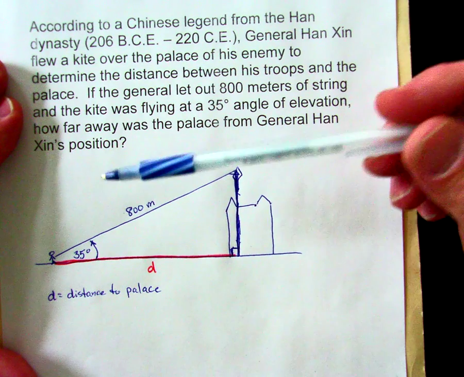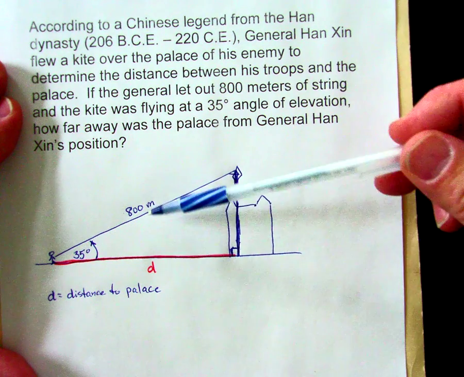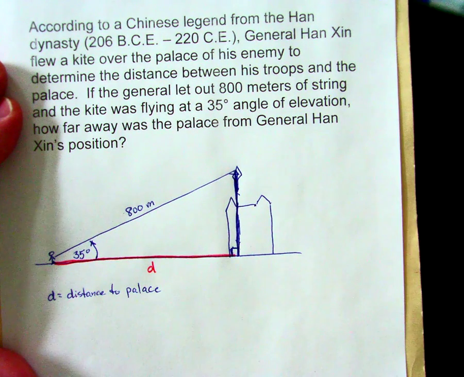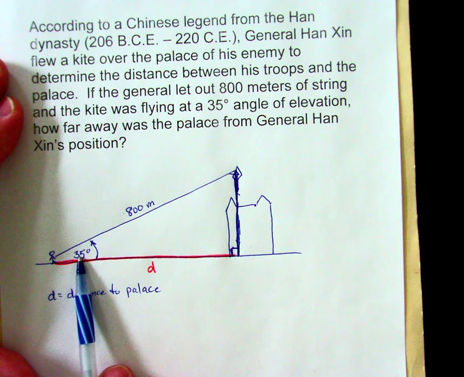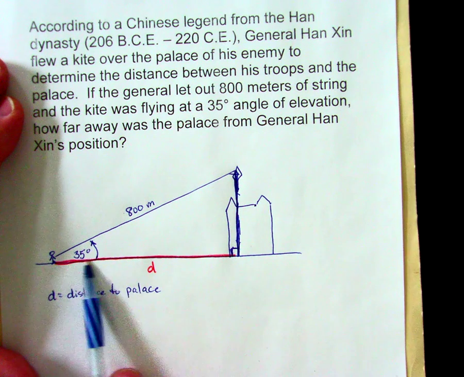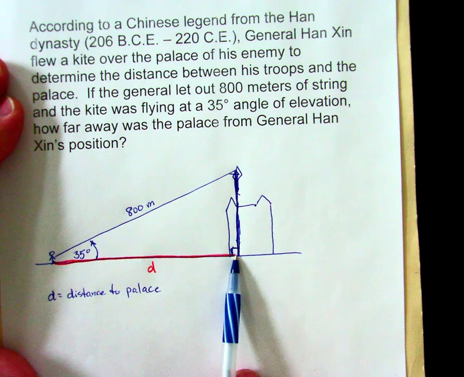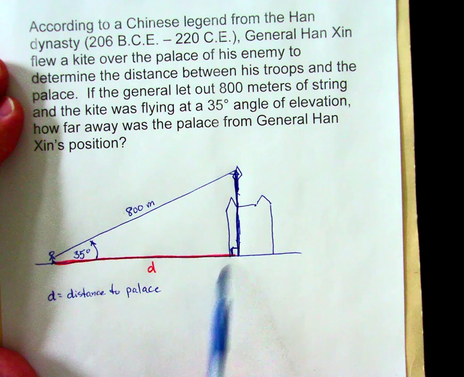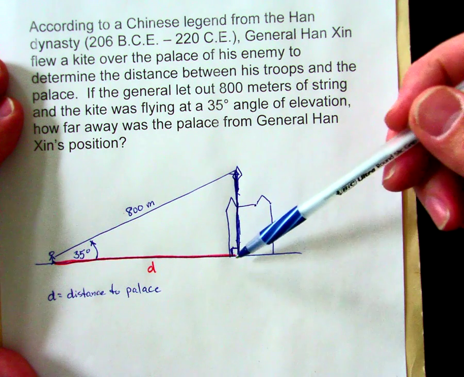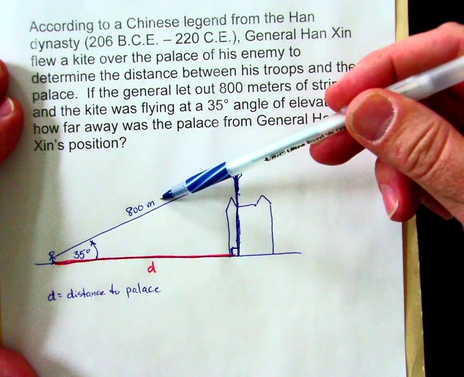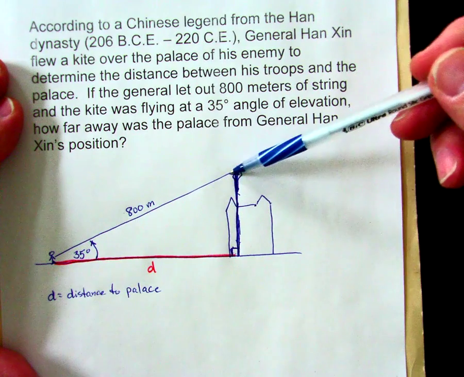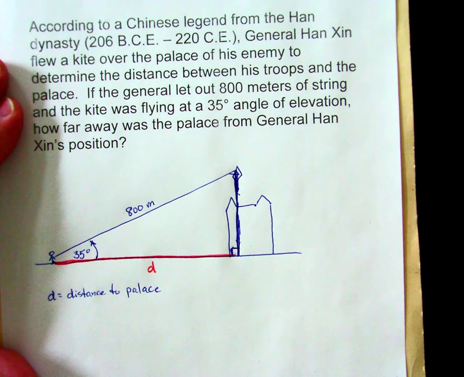Well, relating this angle and these two distances, notice for this 35-degree angle, this distance would be the adjacent leg in the right triangle, and because this is opposite the right angle, 800 meters represents the length of the hypotenuse.